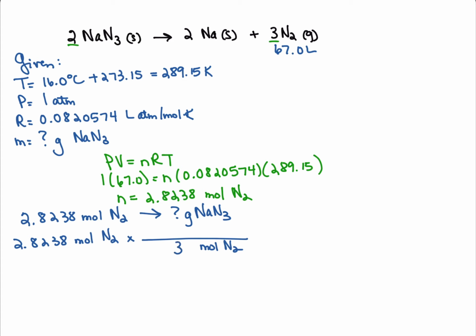So for every 3 moles of N2, I have 2 moles of NaN3. 1 mole of NaN3 is 65.0096 grams of NaN3.